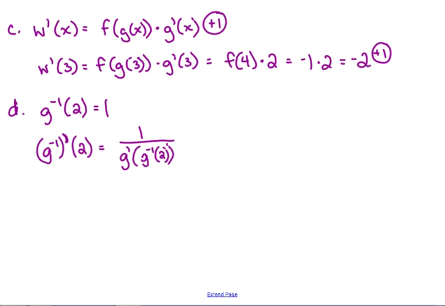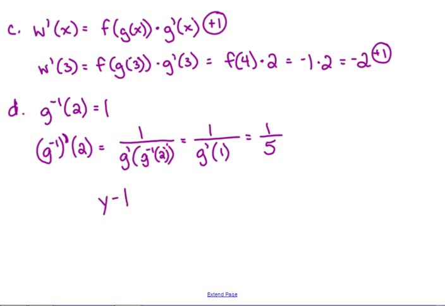I think we've gone over this. I think I remember sharing this rule with you. It's just been a little while. Okay. G inverse of 2, we just figured that out. It's 1. G prime of 1 from our table is 5. So 1 over 5 is the slope of the inverse at 2.